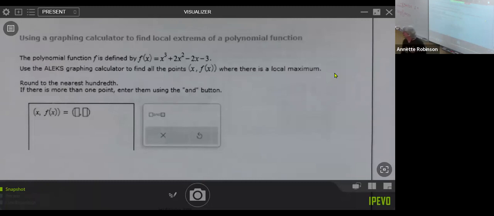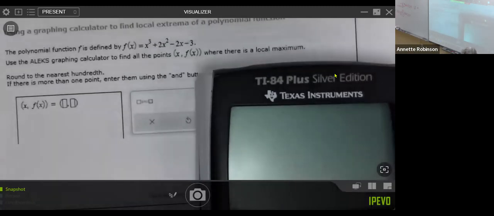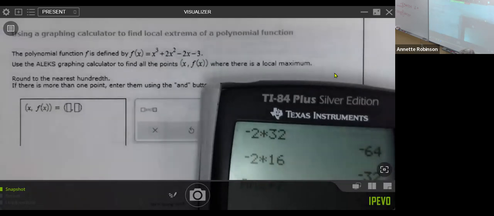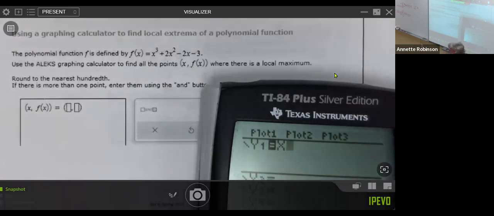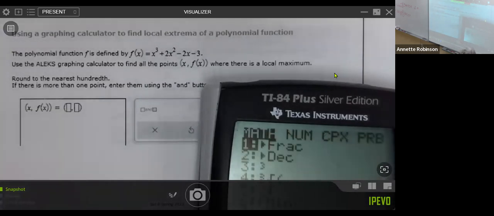Would you please take your calculator out, put it under the y equals button? Would you please put that function in? By the way, you can either use the caret key and 3 or you can hit math 3 to get your cube on them.